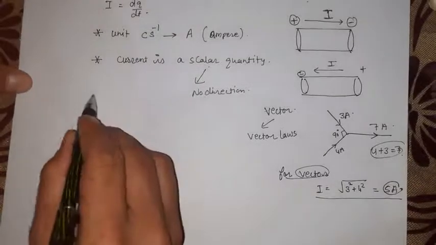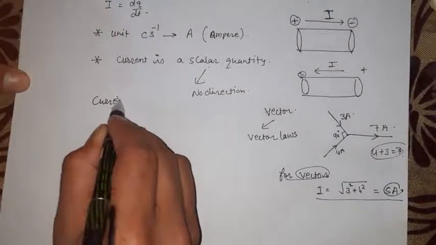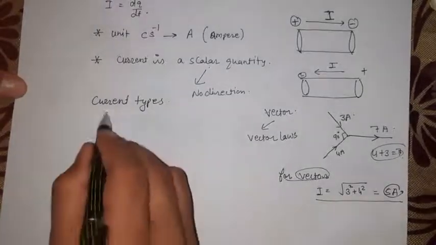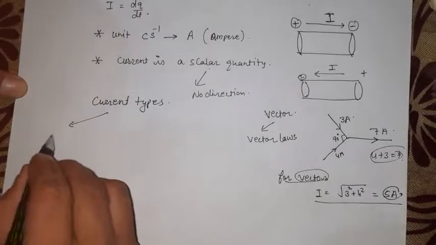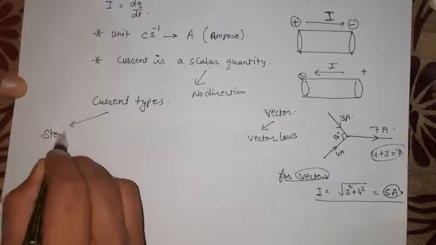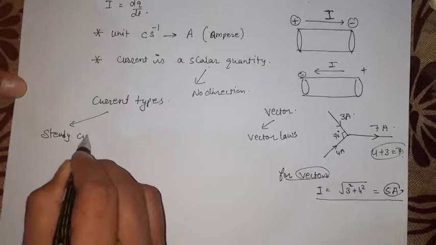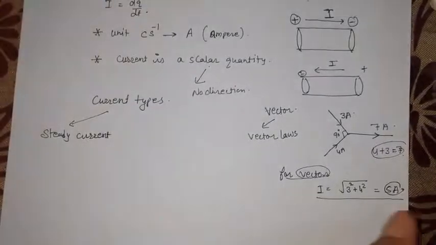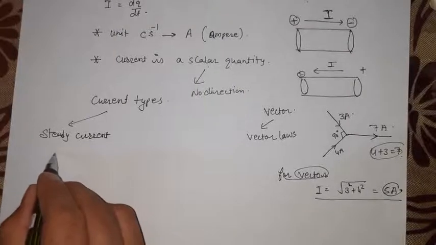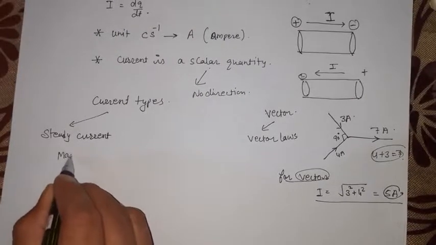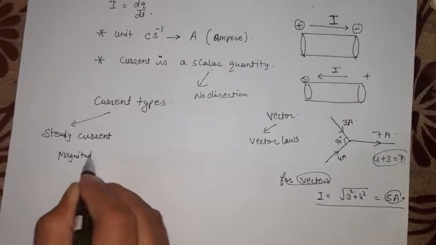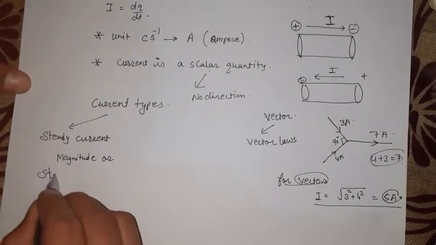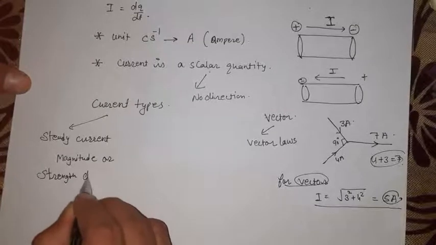Now, how many types of current are there? If we talk about current types, the first is steady current. Which current is said to be steady? The current whose magnitude or strength does not change with time.